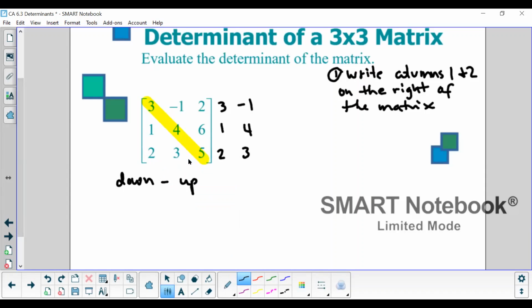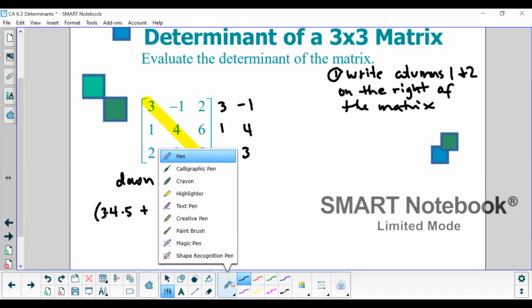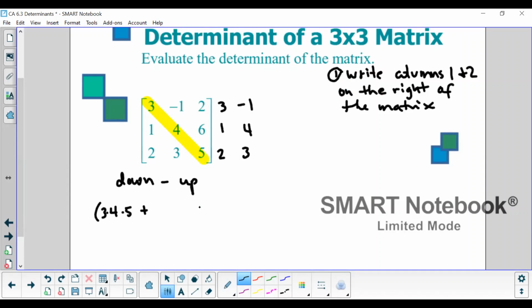Now I'm not going to actually find the number right now. I'm just going to write it down. 3, 4, 5. Because we're going to add that to the next down diagonal. So that was down. Here's the next down one.